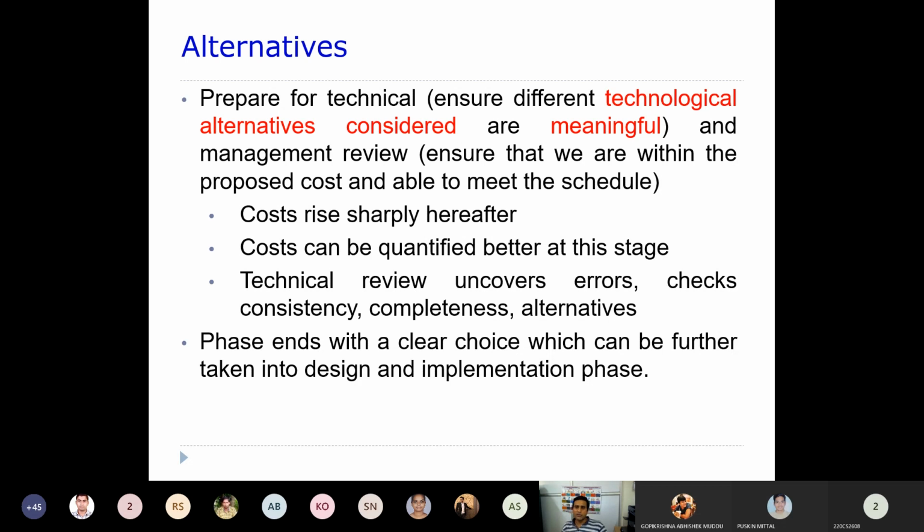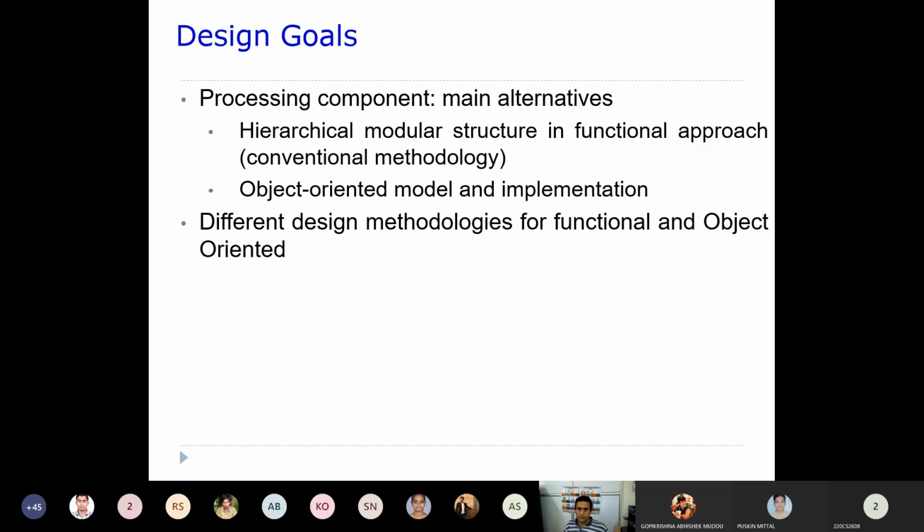Maybe it takes less amount of time, as well as maybe this particular technology is worthwhile, and it is very meaningful for the project, right? So based upon all these things, we need to come to a clear conclusion that we should continue with this particular alternative, right? Because hereafter you are going into an implementation phase, right?